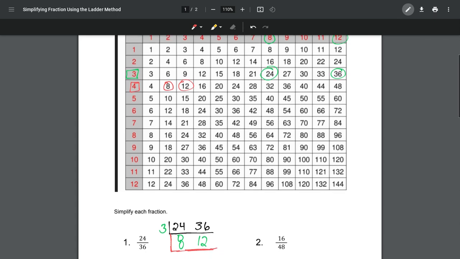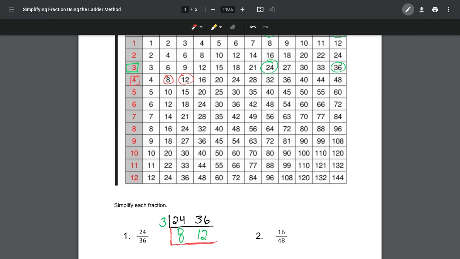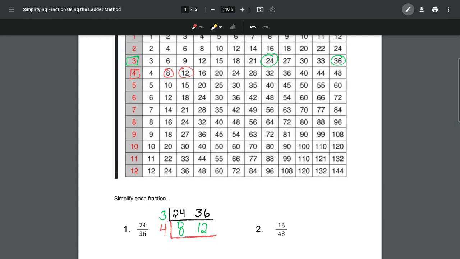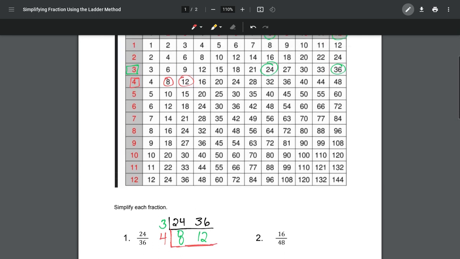Now, if you're good with your multiplication or division, you know 4 will divide evenly into 8 and 12. You can go ahead and write that. You don't have to look on the multiplication chart. Let me show you what I was doing. 24 divided by 3 is 8. 36 divided by 3 is 12. Then 8 divided by 4, and 12 divided by 4.